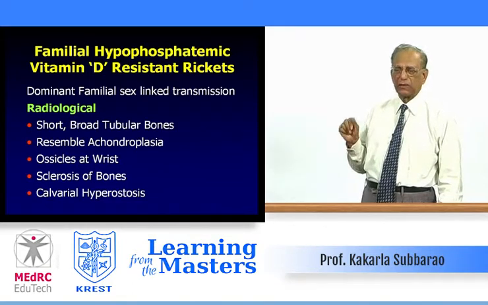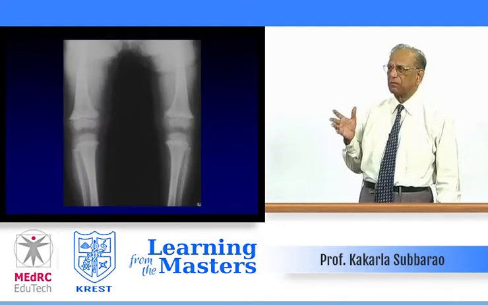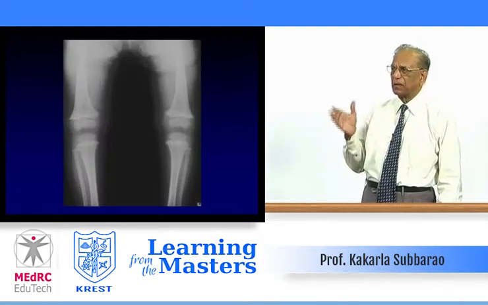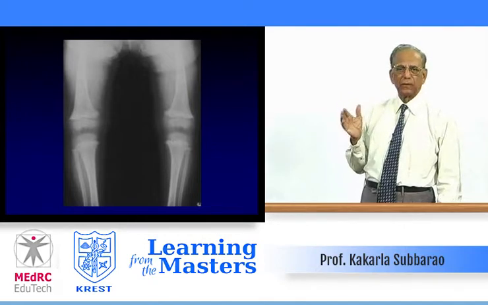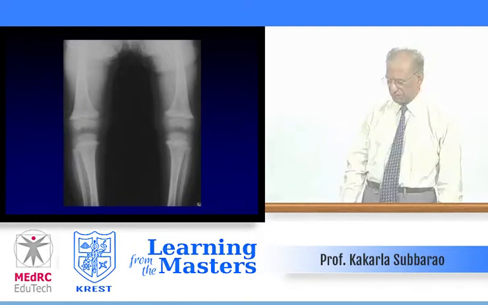Multiple ossicles at the wrist, sclerosis of bones, calvarial hyperostosis. Again, notice a mild form of rickets, minimal cupping, and this lateral beaking, although we say it occurs in scurvy, the so-called Pilgrim's lines, but here also you can get beaking at the margins of the metaphysis.